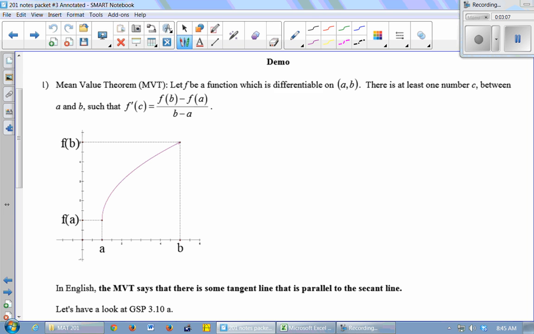Yeah, so graphically, if I subtract the y values of the function and divide by subtracting the x values of the function, you get the slope of the line connecting those 2 points. So f prime of c is the slope of a tangent, and this thing is the slope of a secant.